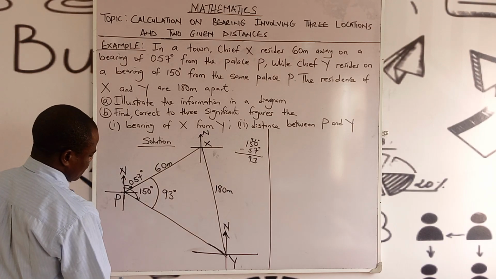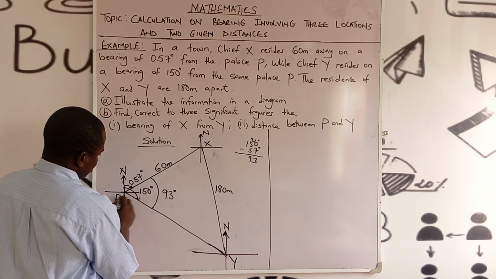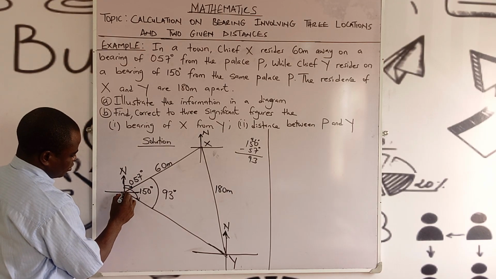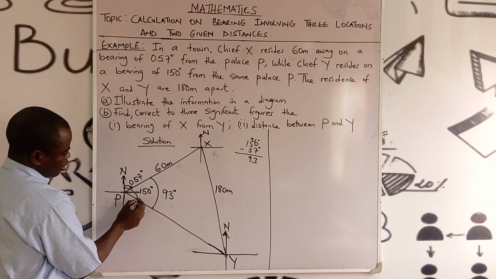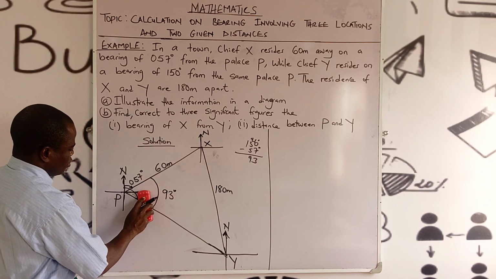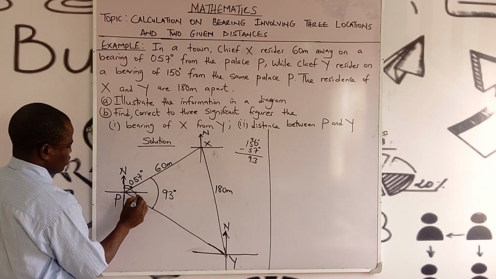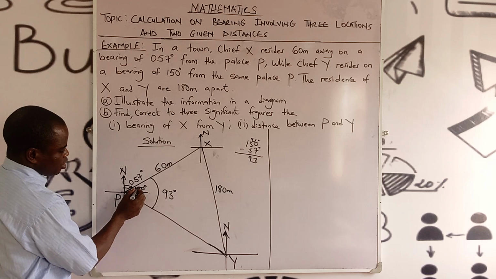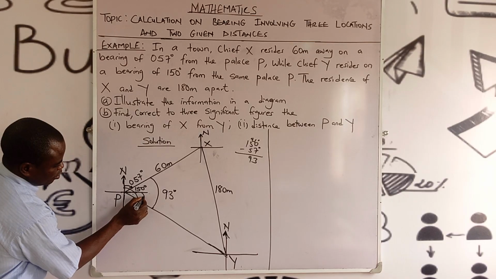And don't forget that we need to know this angle likewise. This is a right angle, perpendicular. The lines north and east are perpendicular to each other. That's 90. To get this small angle, from north to the line PY the angle is 150 degrees.